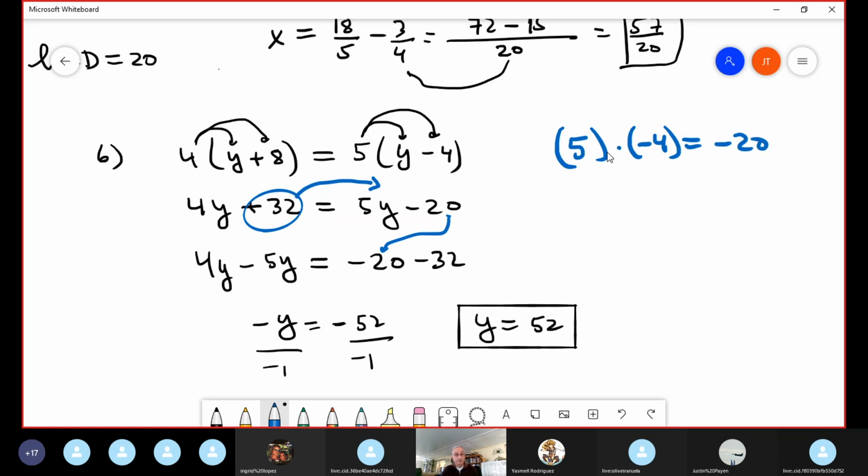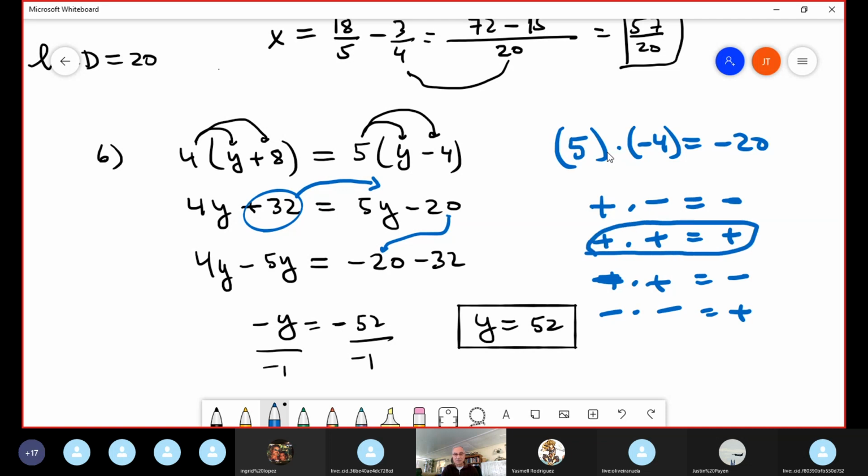Good? Positive and negative is negative. Positive and positive is positive. Negative and negative is positive. So it's easy to remember. Si es the same, es positive.